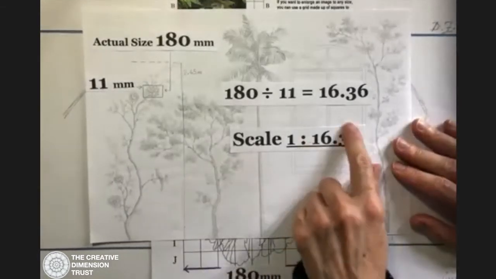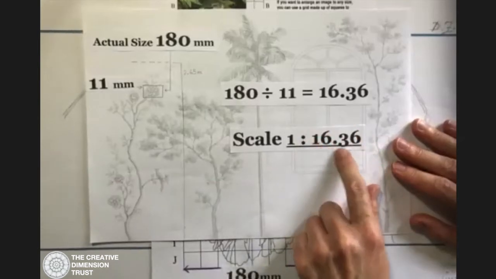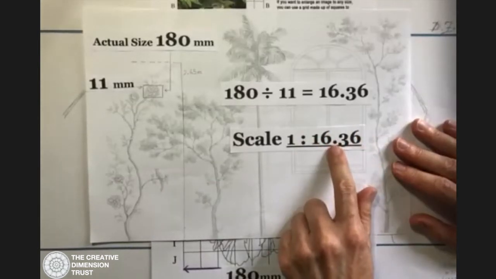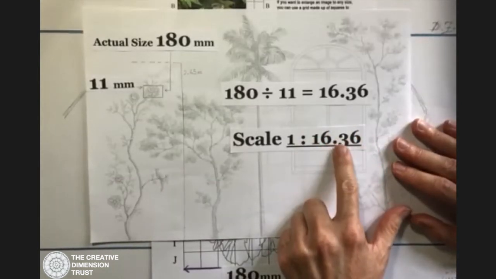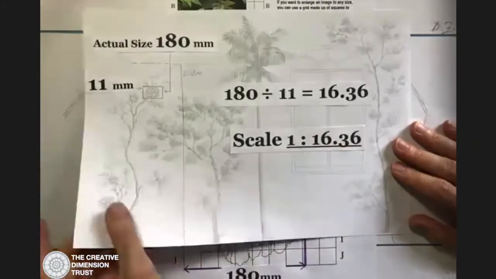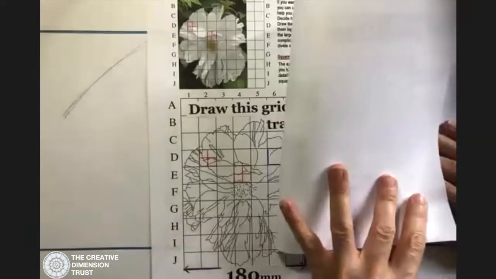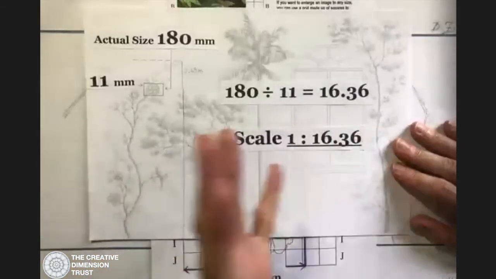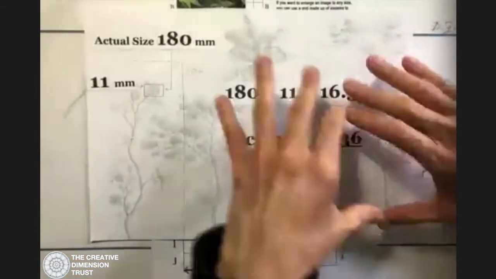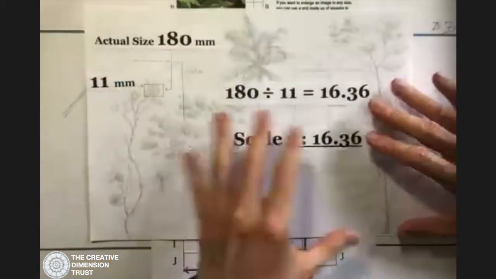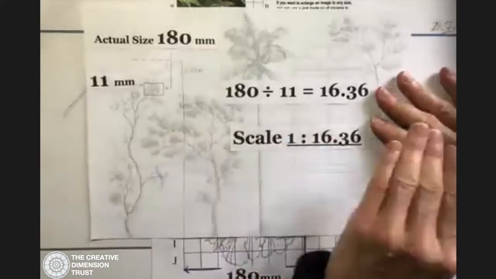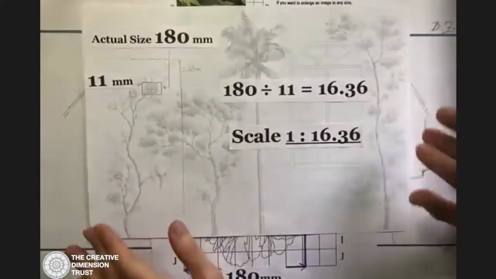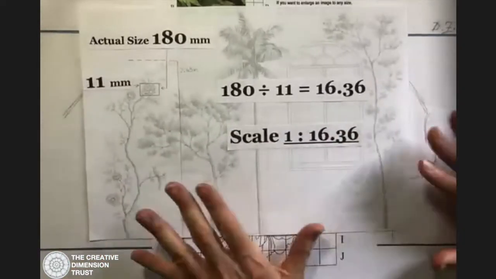The reason I've got this slightly odd scale, and I often have these slightly awkward numbers to do my multiplying, is that I like to do my designs on A4 because they're easy to put in the post to somebody, they're easy to store. So I make my drawing the size that's convenient for me, and then I work backwards to the scale. But an architect wouldn't do it that way round.